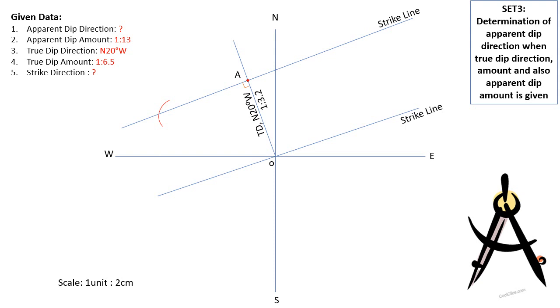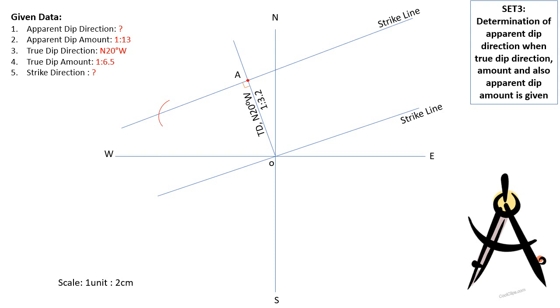So half of 13 is 6.5. What you have to do is use the rounder, and you have to measure the distance 6.5. That is 13, meaning while drawing we will use it as 6.5. So this distance you have to measure on a rounder, and keep the rounder at point O. Remember, you have to keep the rounder at point O, that is the origin.